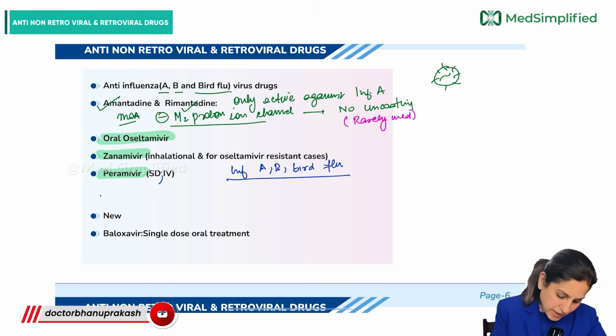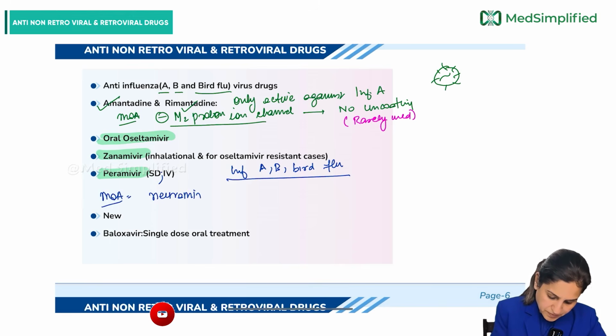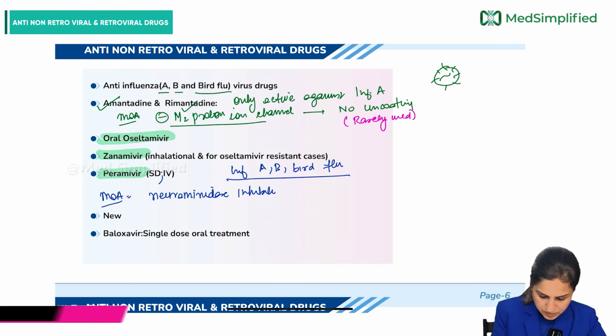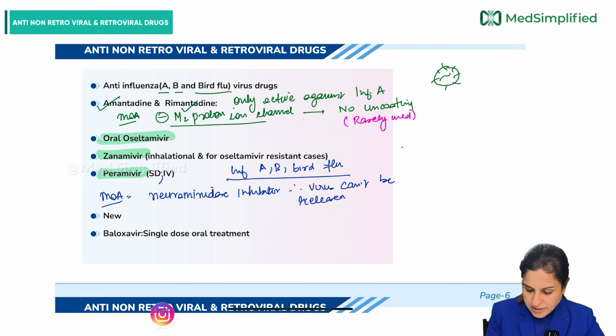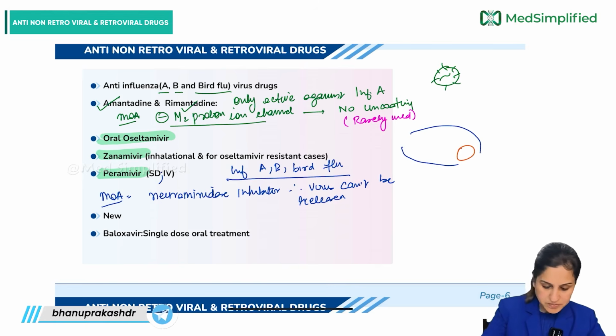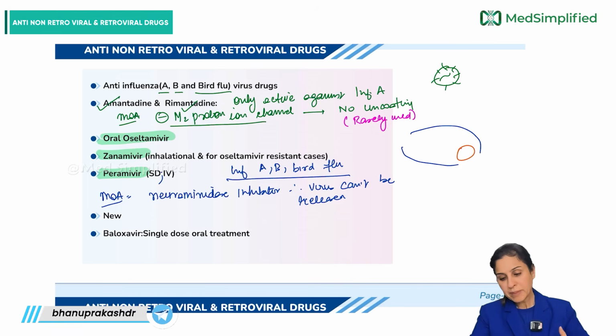Important thing, what is the mechanism of action? These are neuraminidase inhibitors. Therefore, the virus can't be released. Let's say this is the cell where the virus is growing and replicating inside.